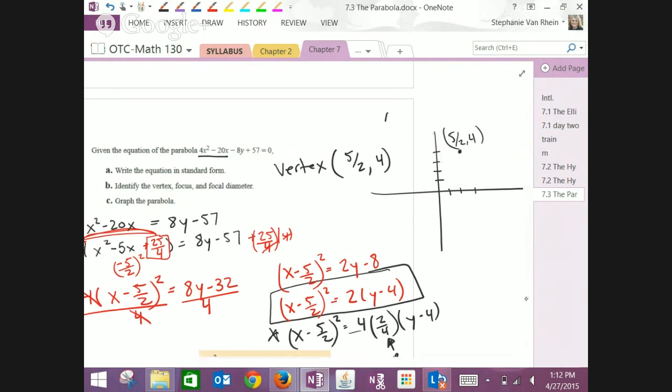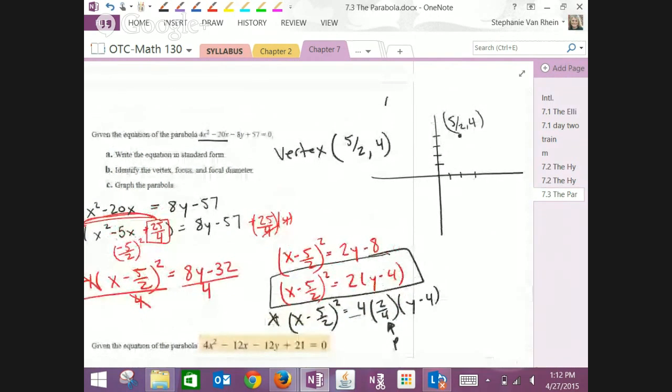Which way is this opening? The x is squared, right? And the coefficient is positive. It's actually going to open up, right? Remember the general formula, y equals x squared, that opens up.